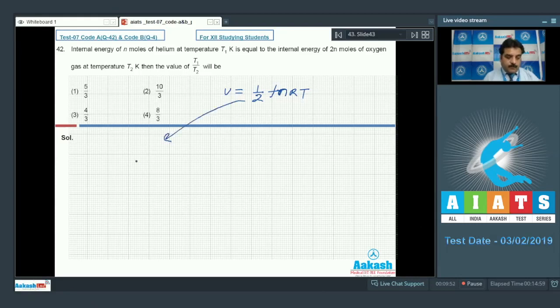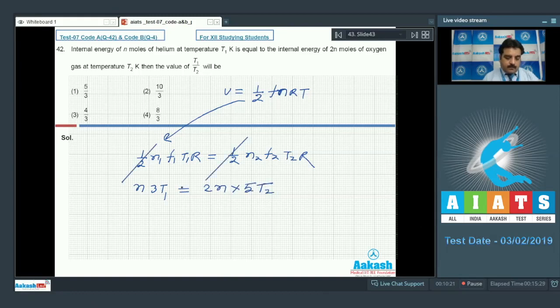So for both situations, the first one is 1 by 2, N1, degree of freedom F1, temperature T1 and R. For the second scenario, 1 by 2, N2, F2, T2, R. Now if I put in the values, we get number of moles n into 3 T1 on the left side, and on the right side 2 times n, 5 times T2.